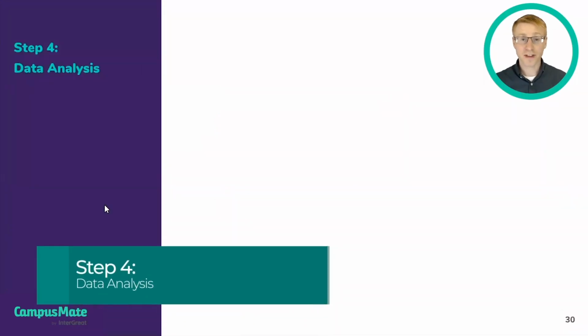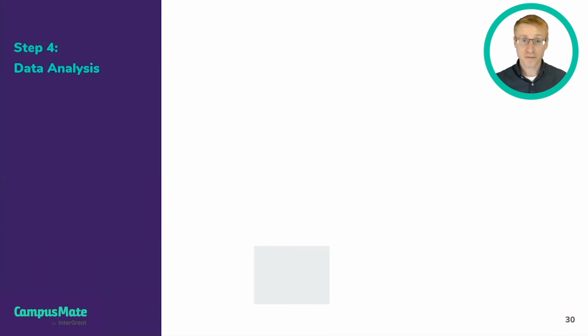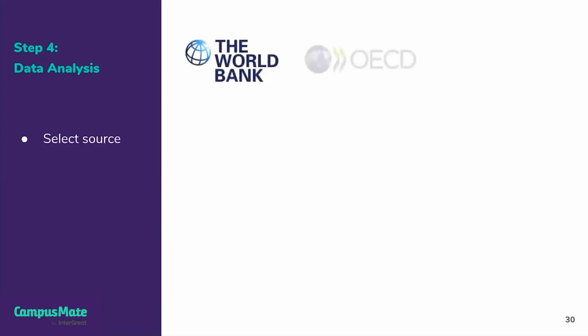Step 4. Data analysis. For some subjects, for example, finance, you'll also need to collect and analyze data. First, you'll need to select the source of your data. This could be from government websites, international organizations, or large agencies such as Bloomberg.